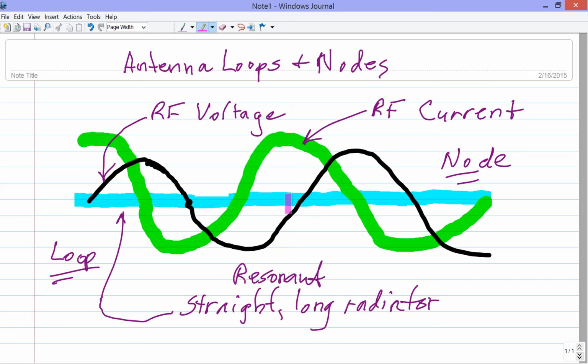And everywhere that you see a node in either the voltage or the current, or a loop, a maximum in either the voltage or the current, is a very special point on the antenna. And these points are where they are. They're separated by a quarter of a wavelength all along this resonant, straight, long radiator.